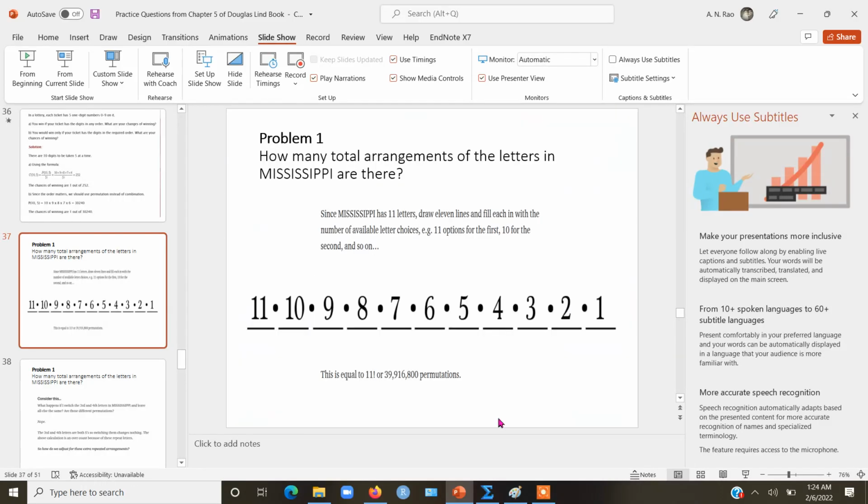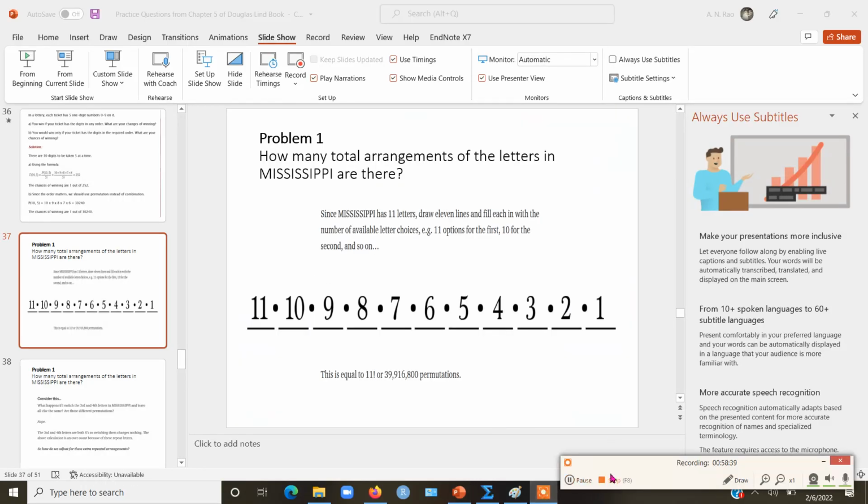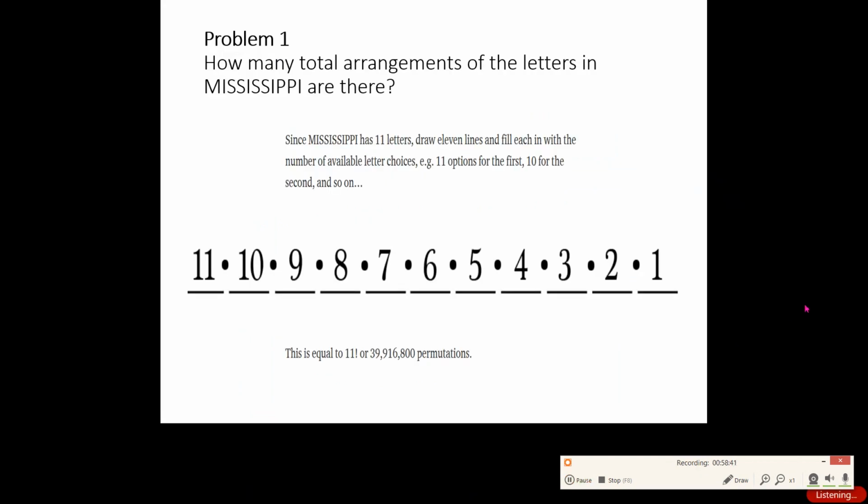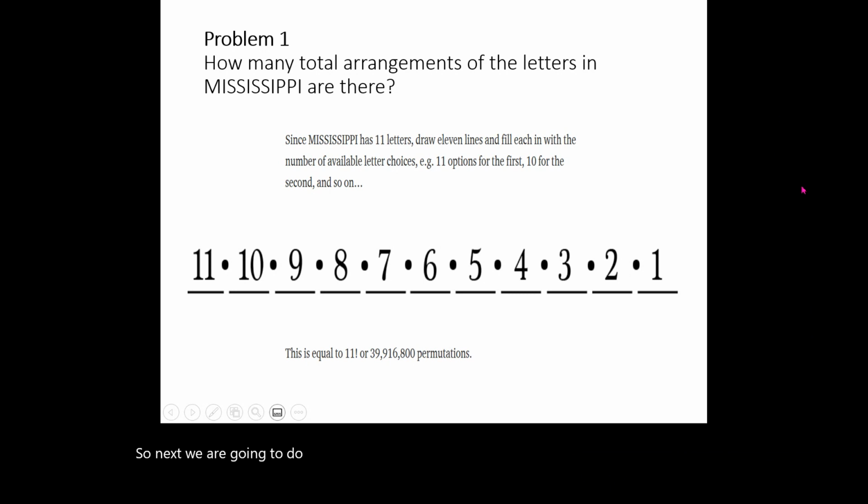Okay, so next we are going to do another example where we will be discussing rules of counting. How many arrangements of the letters in Mississippi are there? You can see in this word Mississippi, there are 11 letters if you count these, right?